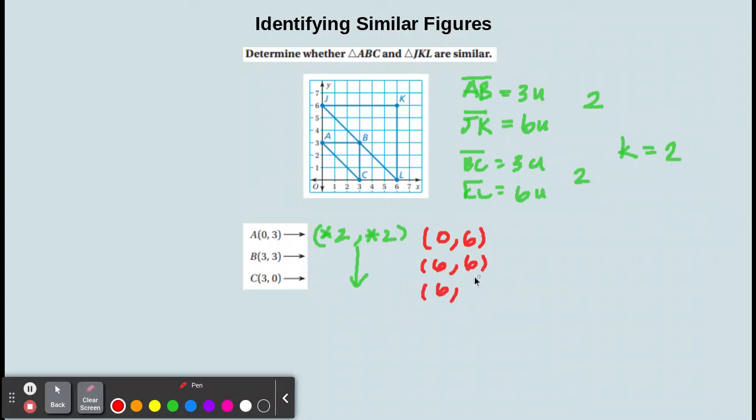And then 0 times 2 is 0. So if we look here, these should be the coordinates of our similar triangle. So if we look at 0, 6, that's where J is. That's what we expected. 6, 6 is where K is, and 6, 0 is where L is.